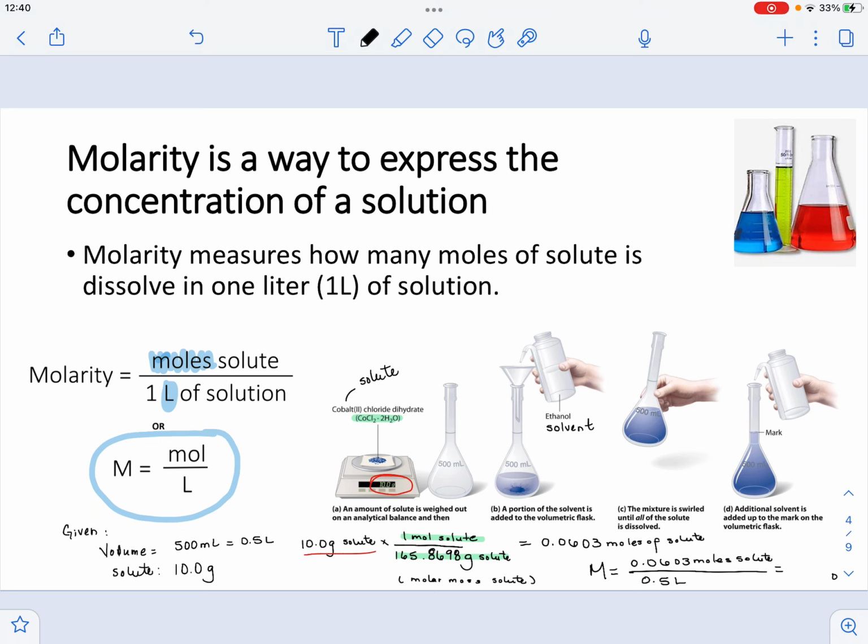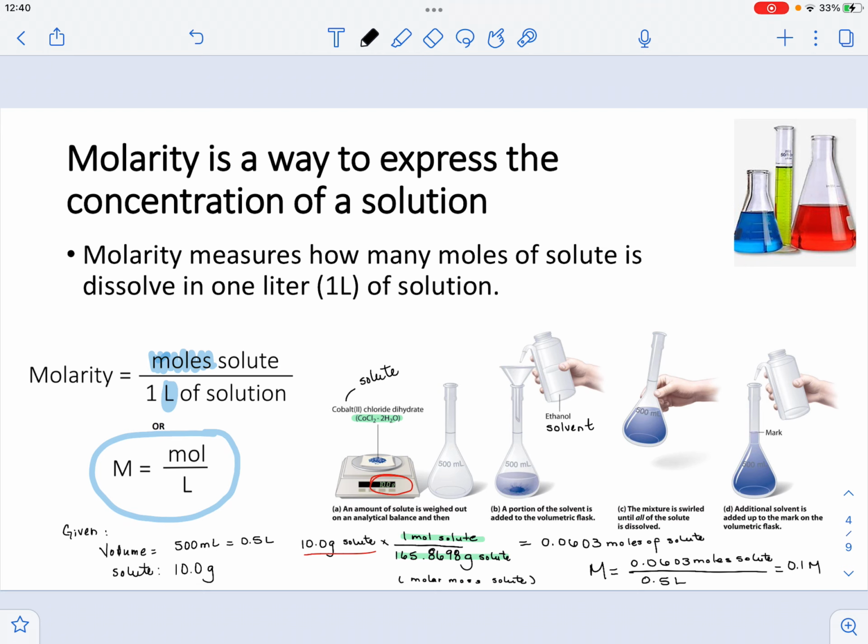And then we round it to one significant figure. We can see that the molarity of the solution that is illustrated in this image is 0.1 molar.